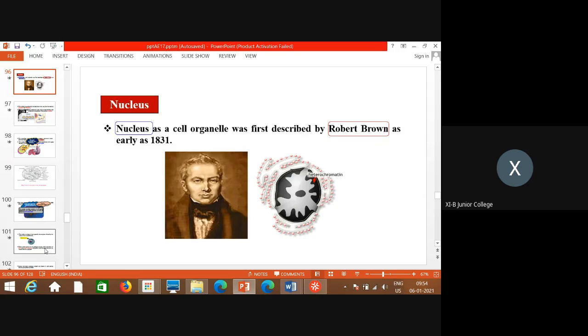Then the cytoskeleton, the different categories present in it, like microfilaments, microtubules, and intermediate filaments. Then we studied the structure as well as functions of cilia and flagella, that is the ultrastructure. And then centrioles and centrosomes. Then we discussed the difference between the prokaryotic cell and eukaryotic cell, and then the difference between the plant cell and animal cell.